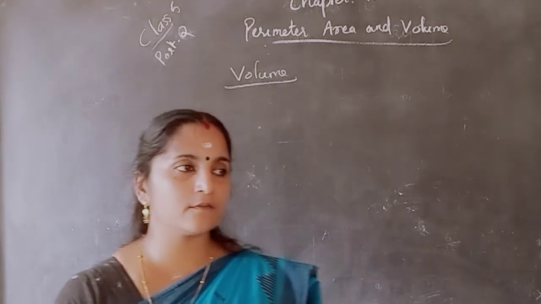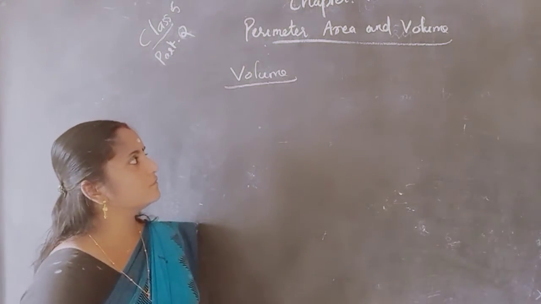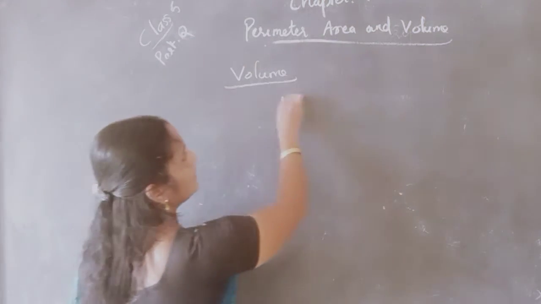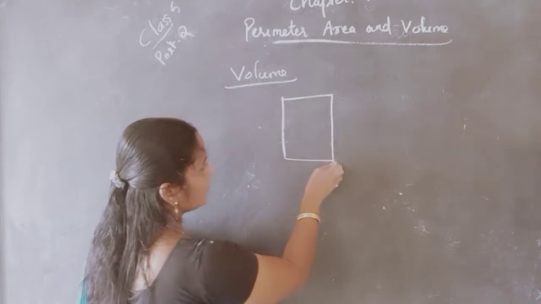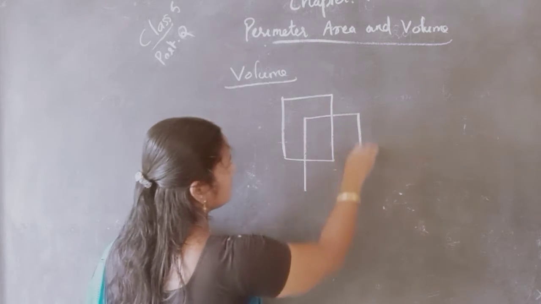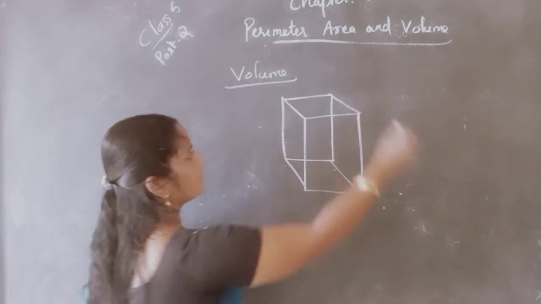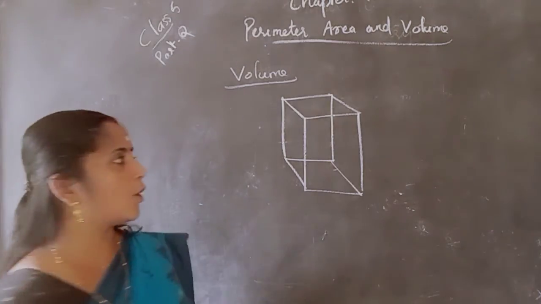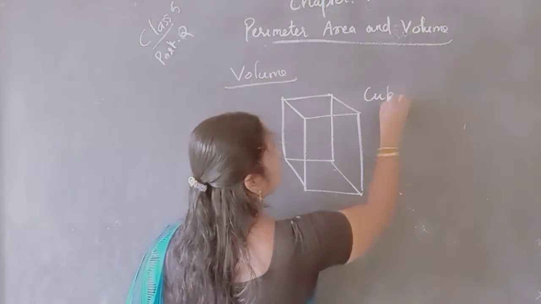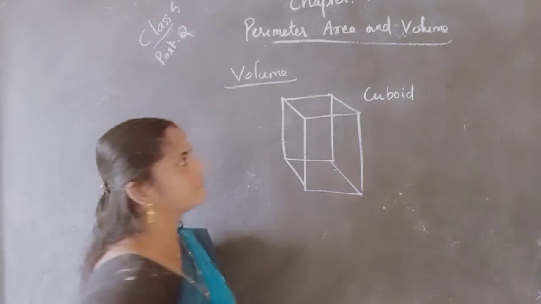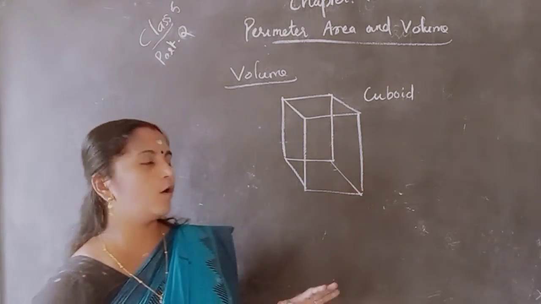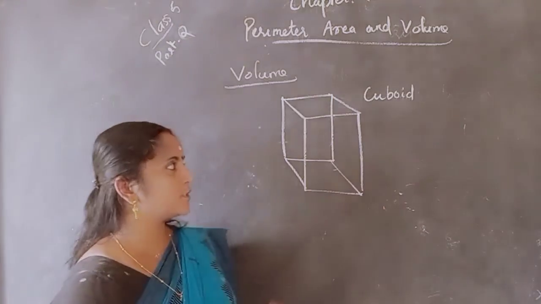Okay, next we move to the last topic of this chapter, volume. Before explaining volume, we discuss some solid shapes. You know what is the name of this figure? It is a cuboid. Cuboid means all the faces are of rectangular shape.